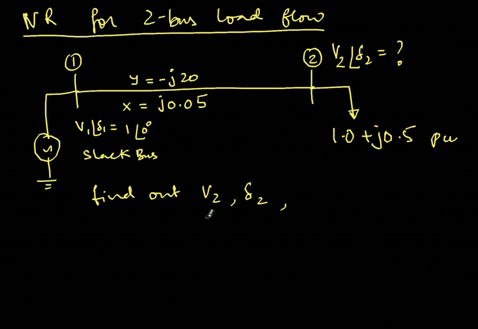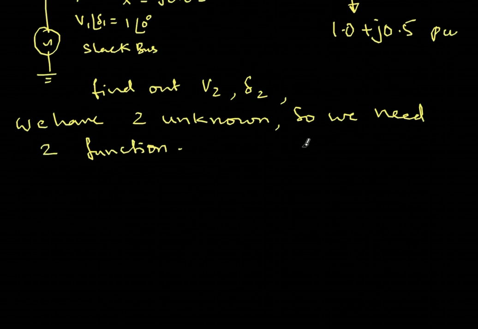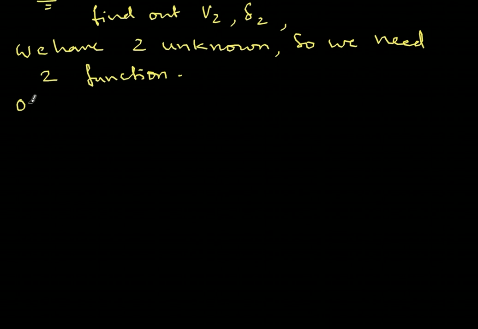For defining two unknowns, I need two equations. We have two unknowns, so we need two functions. How to do that is, first let's order the unknowns. How to order the unknowns?